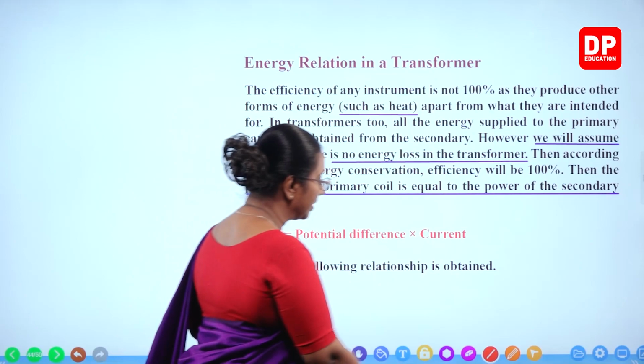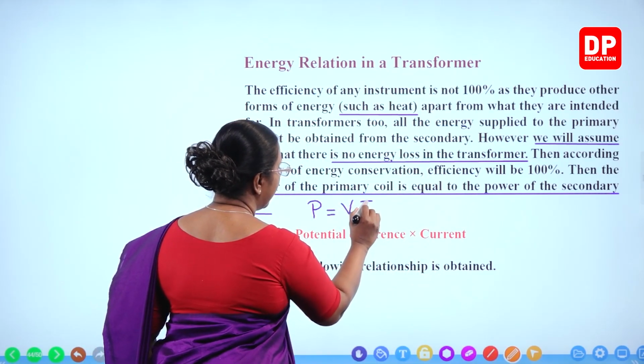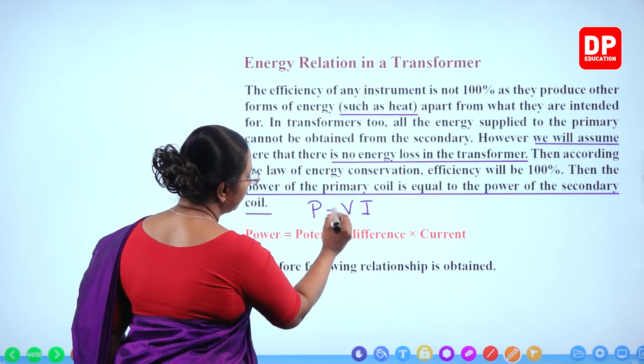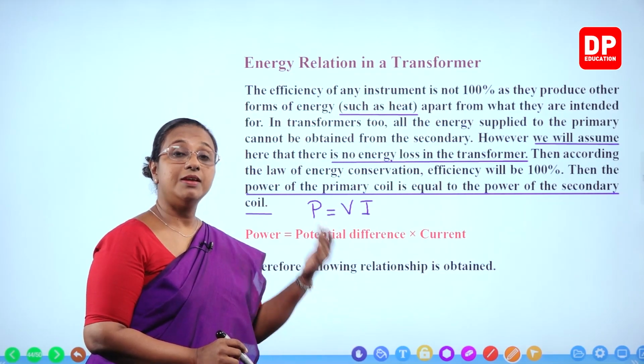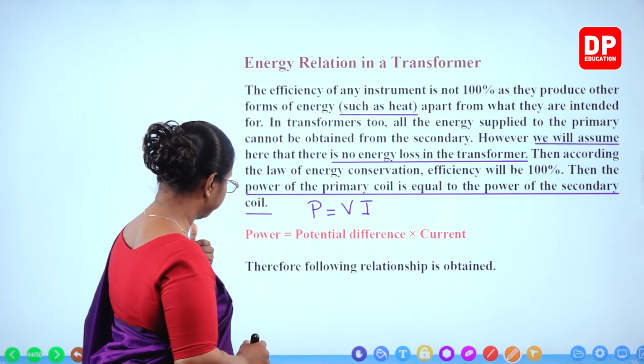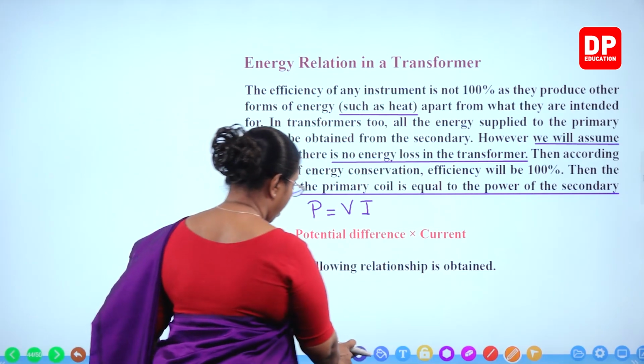Now you can remember the equation for power. Power equals VI, that is power, voltage, current. Power equals potential difference into current. We have used this equation before. Therefore, the following relationship is obtained.